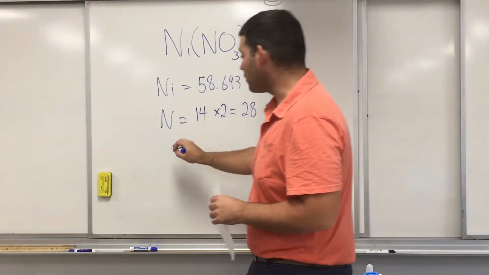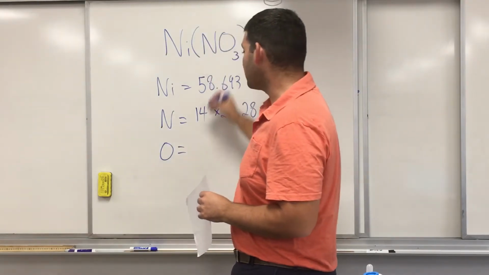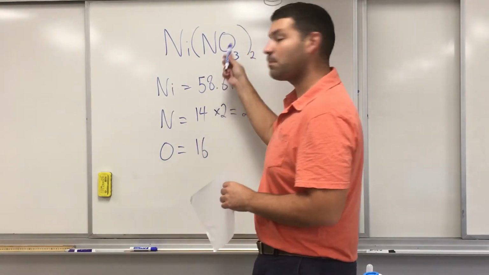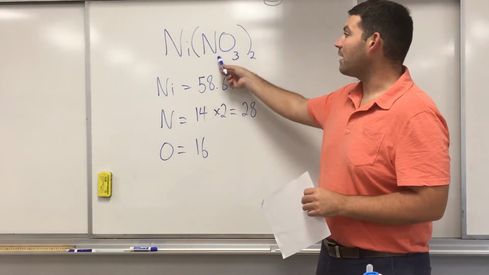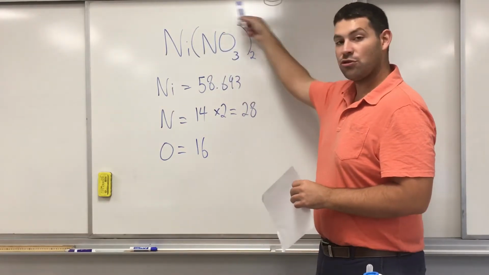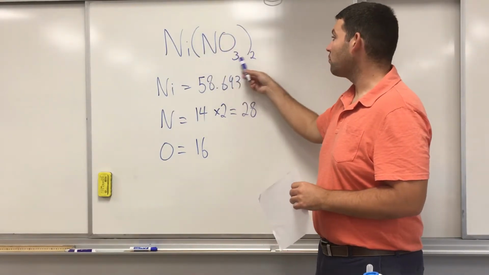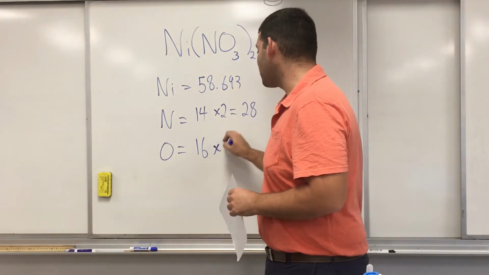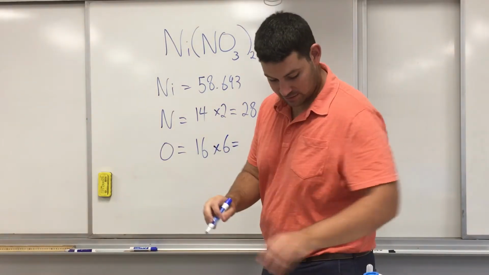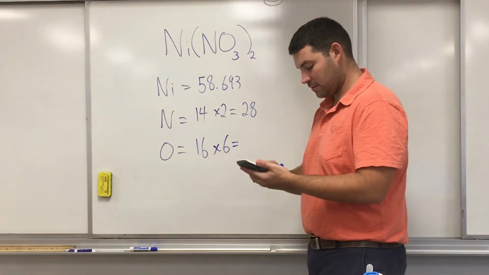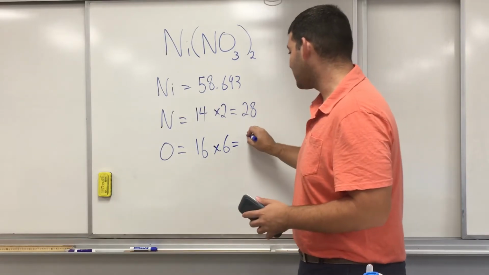And for the oxygen, we've already seen oxygen having a molar mass of 16, but that's per 1 atom. There's 3 atoms in the NO3, and there's 2 NO3s, so 3 times 2. We're going to do 16 times 6, and 16 times 6 is 96.